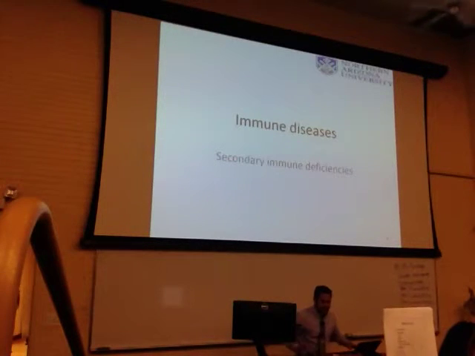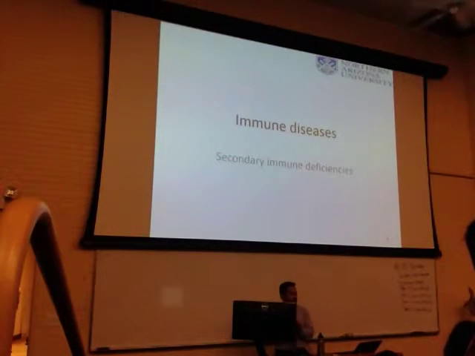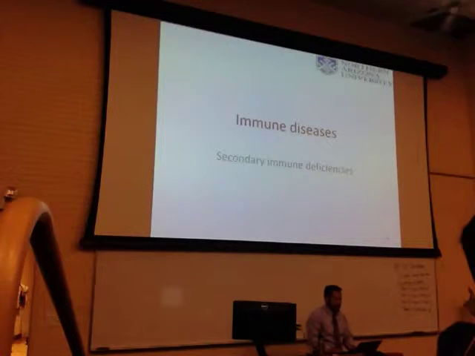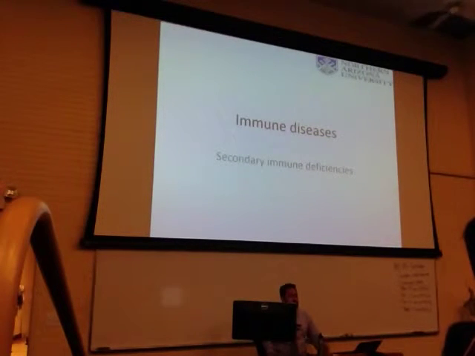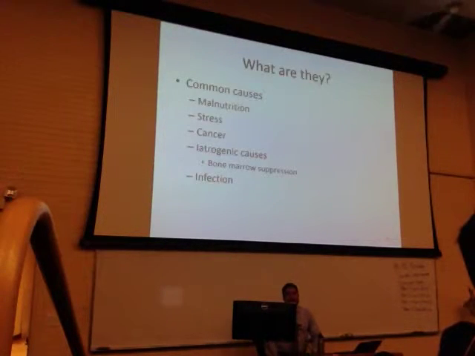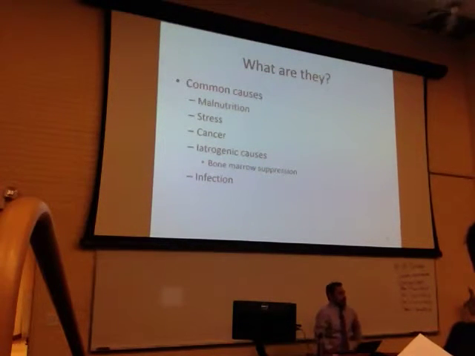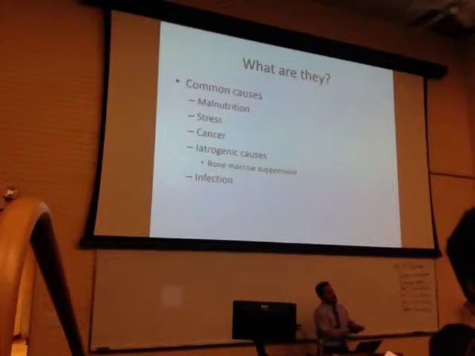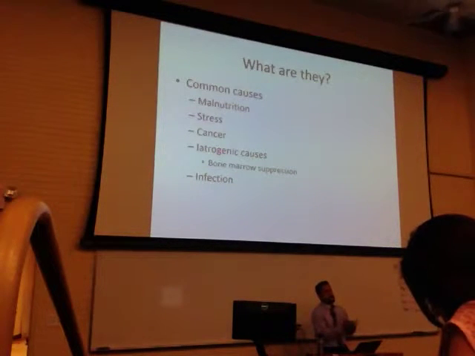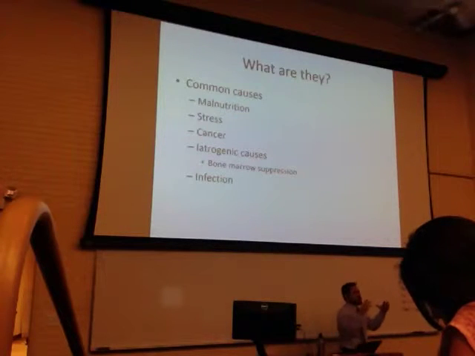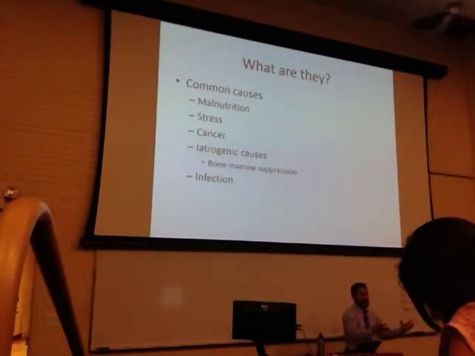The last part of today, in the remaining time, is secondary, and we're only going to talk about one example, and I think you know which one it is. It's HIV. Okay? But first, causes. Remember, the point of secondary immunodeficiency disorder is that it comes on not as a result of the genome. It's not congenital.